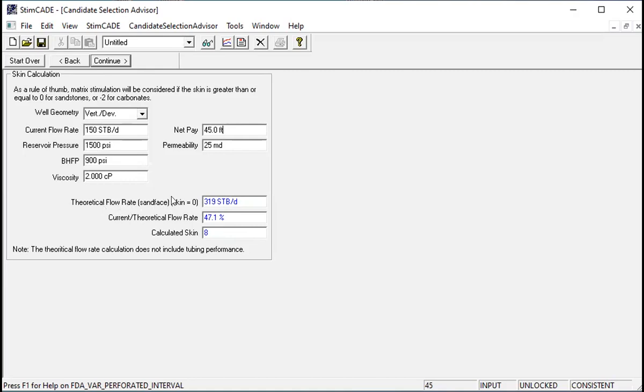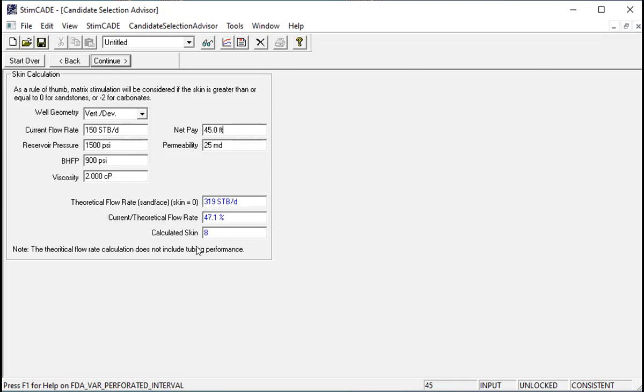That means the flow rate that would have been at the sand face boundary if there was no skin. That is the slight interval at the interface between the reservoir and the wellbore. So that's the theoretical flow rate. If there was no skin, this would have been your flow rate, but this flow rate is because of the skin effect.